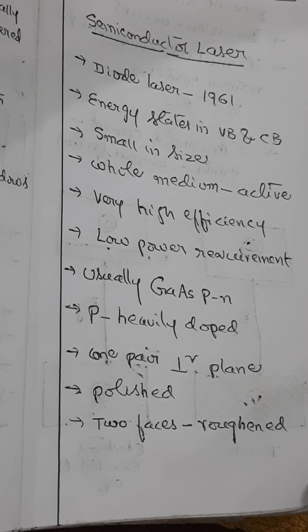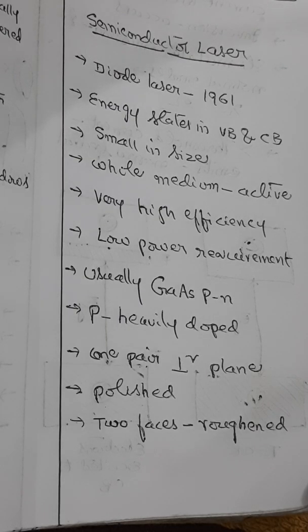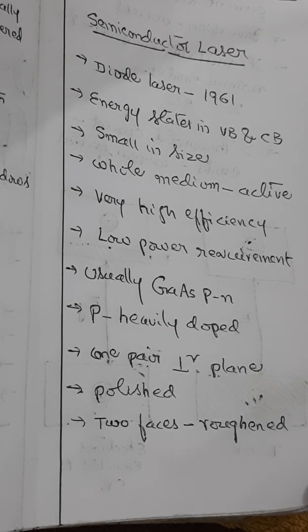So the transitions in semiconductor lasers are associated with the energy states in the valence band and conduction band. A basic advantage of semiconductor lasers over gas lasers is that they are very small in size.